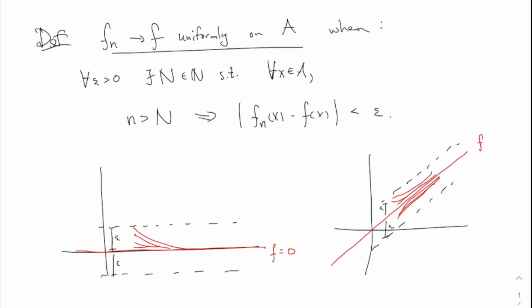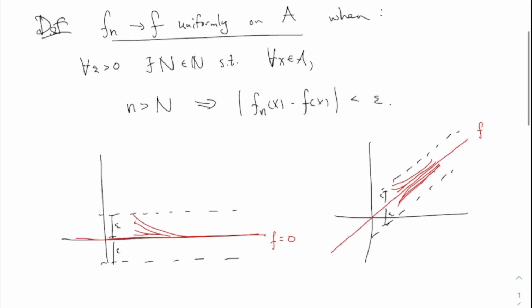The picture looks easiest if they are approaching 0, but if they're approaching something else, it's still a band away from that with radius epsilon. Although epsilon is always measured vertically, not orthogonally, which makes the picture a little weirder. All right, anyway, this is what uniform convergence means on some set A.